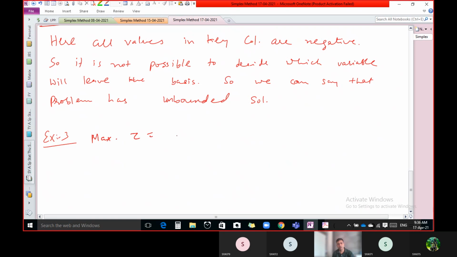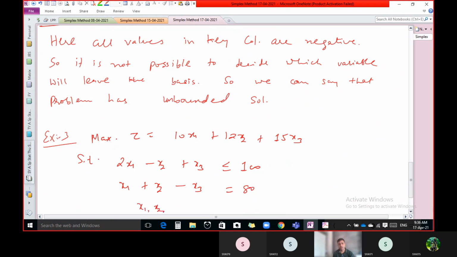Maximize z equal to 10x1 plus 12x2 plus 15x3 subject to 2x1 minus x2 plus x3 less than or equal to 100 and x1 plus x2 minus x3 equal to 80 and x1, x2, x3 greater than or equal to 0.